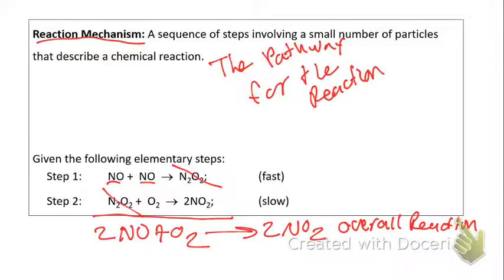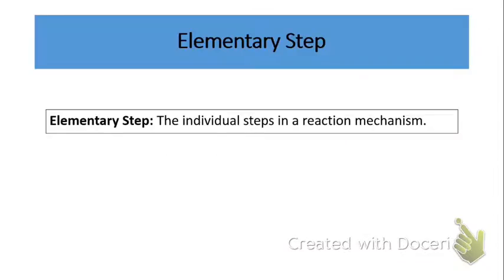All right. Oh, and by the way, each one of these steps that we see in a mechanism is known as an elementary step. They're those individual steps that make up the reaction mechanism. Now, it is important to understand, though, that a reaction mechanism and the individual elementary steps in that mechanism are completely theoretical.